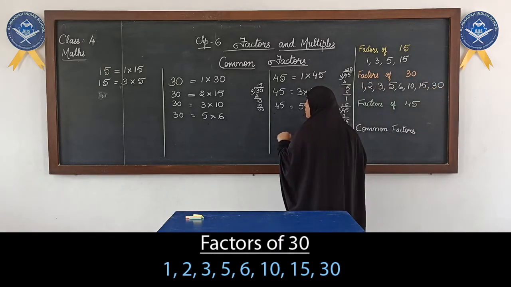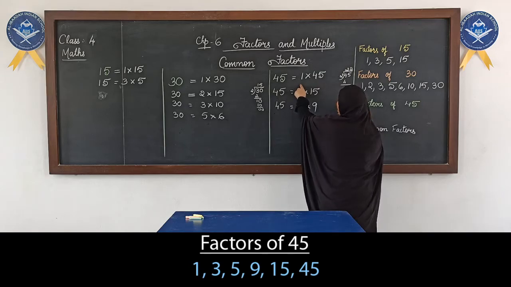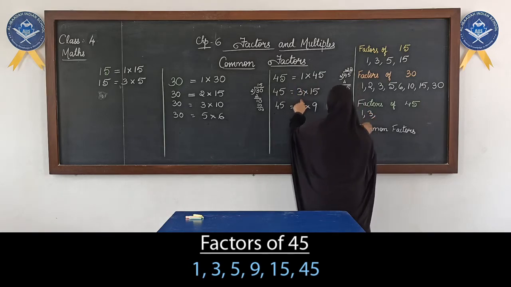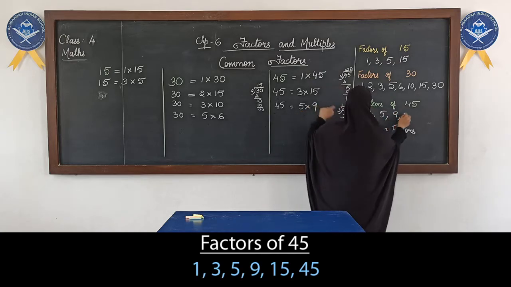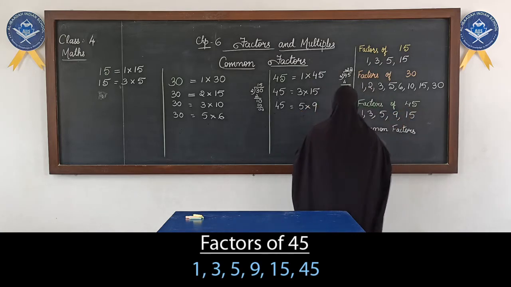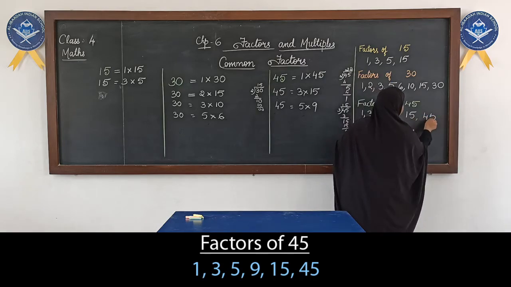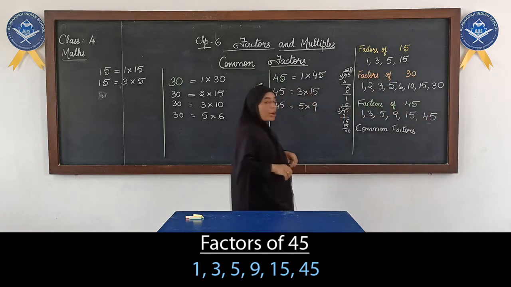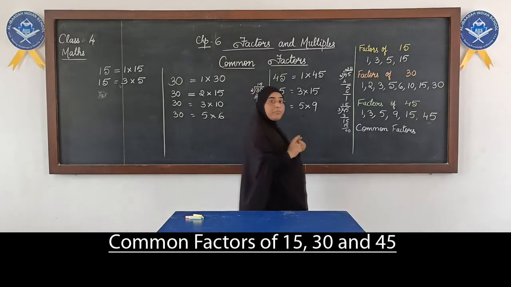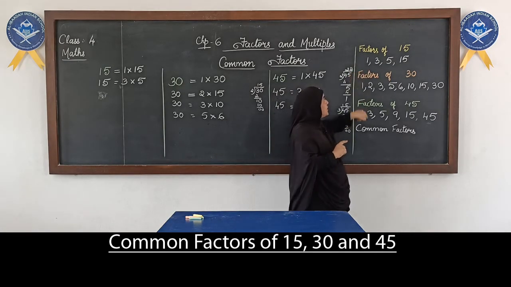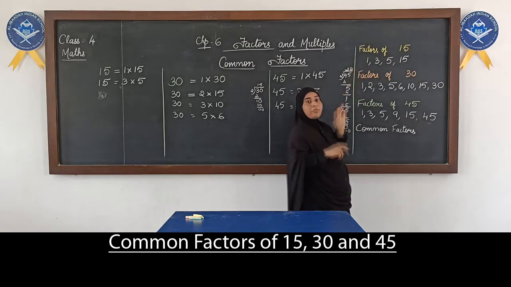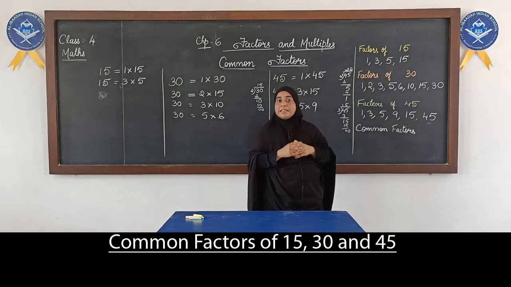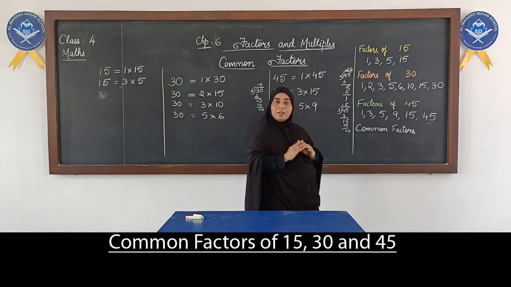Then the factors of 45: 1, 3, 5, 9, 15 and 45. Now to find the common factors, we have to look at the factors which are there in all the three lists. List of 15, list of 30 and list of 45.